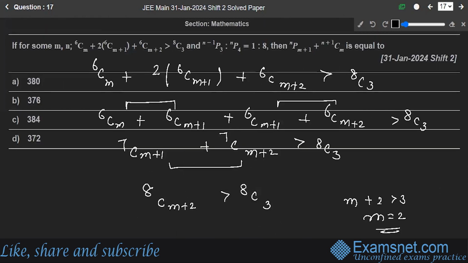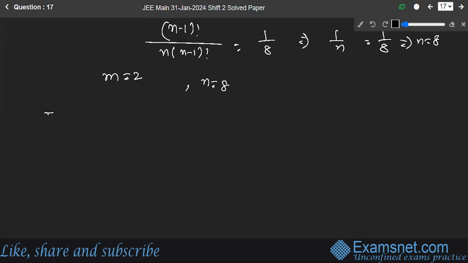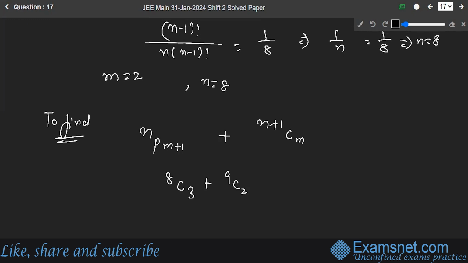Now next, what I need to do in the equation is find n P m plus 1 plus n plus 1 C m. This makes it 8 C3 plus 9 C2.